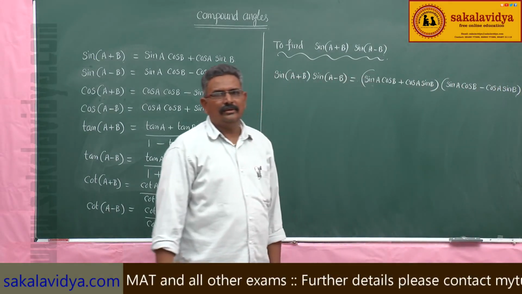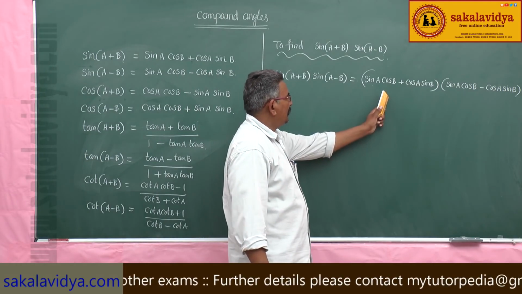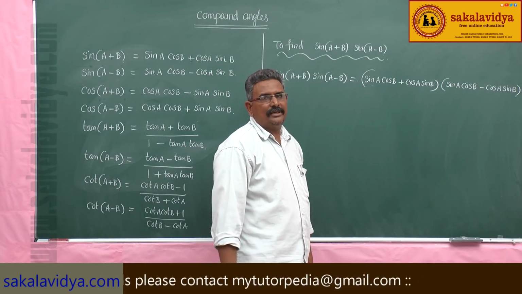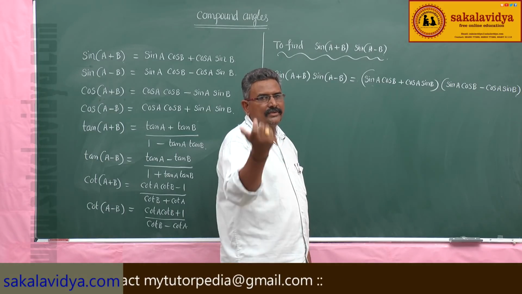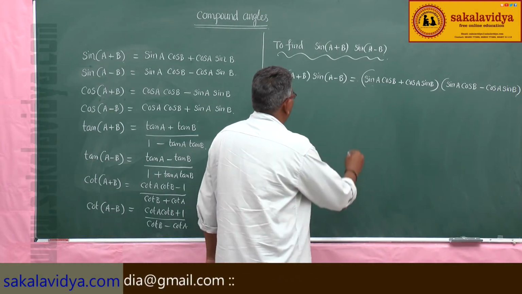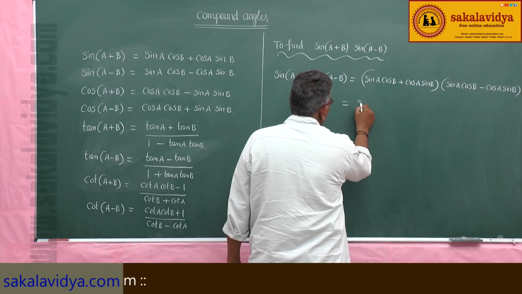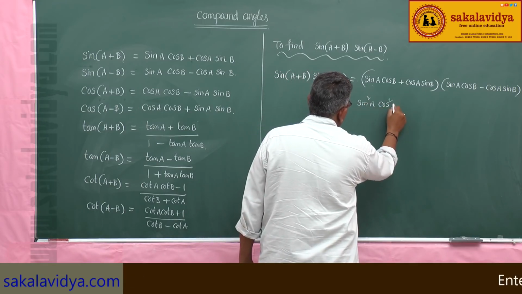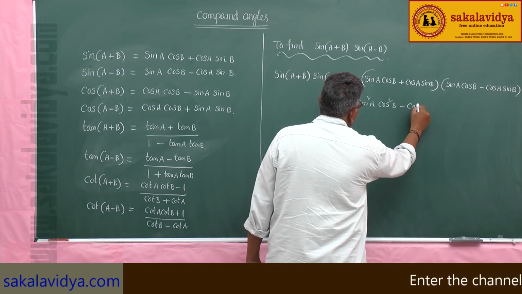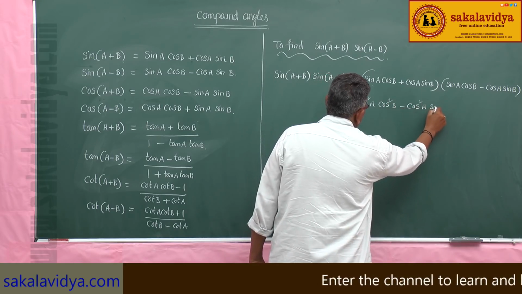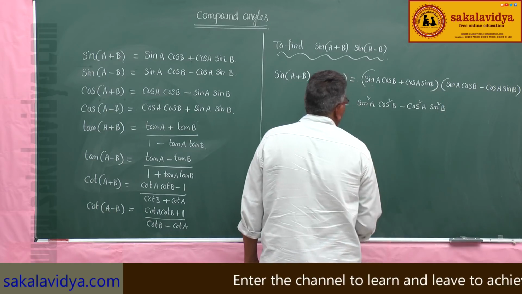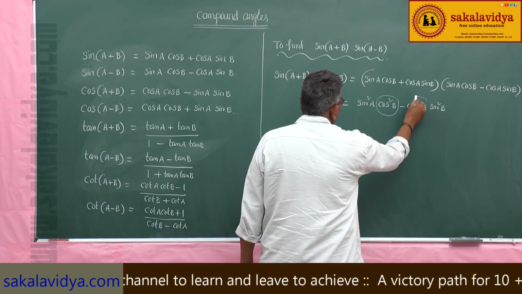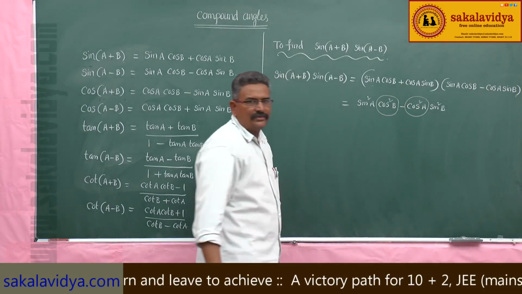Okay. Now, what do you observe in the right hand side? The right hand side is in the form of A plus B into A minus B. So, what do you write? A square minus B square form. So, we can write this as sin square A cos square B minus cos square A sin square B. Now, let us change this cos square B and cos square A in terms of sin.